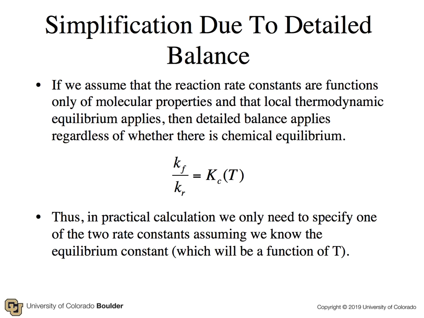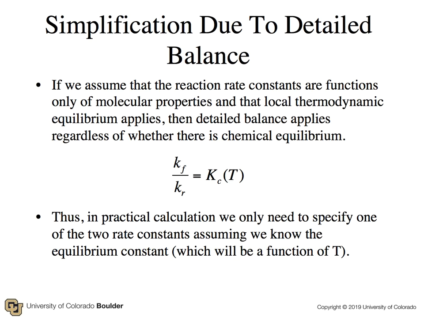And what that means is that the forward reaction rate constant and the reverse reaction rate constant of an elementary reaction are related by a simple function of temperature. And it turns out that that really makes things a lot easier.